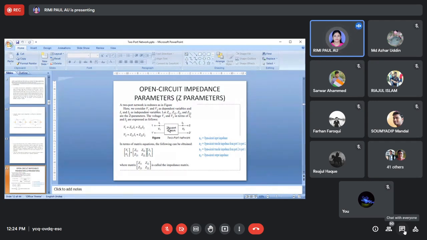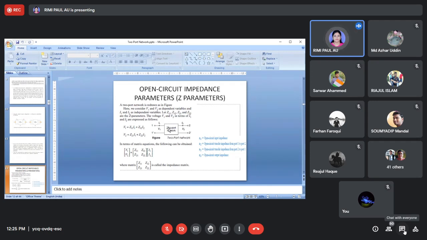Here also we'll find input voltage, input current, output voltage, output current, and from these four known variables we'll find the impedance parameters. There are four impedances: Z11, Z12, Z21, Z22.